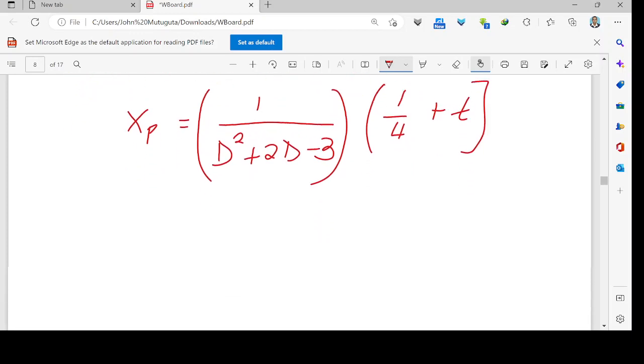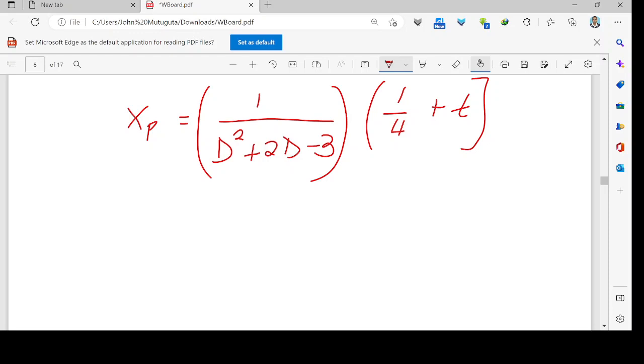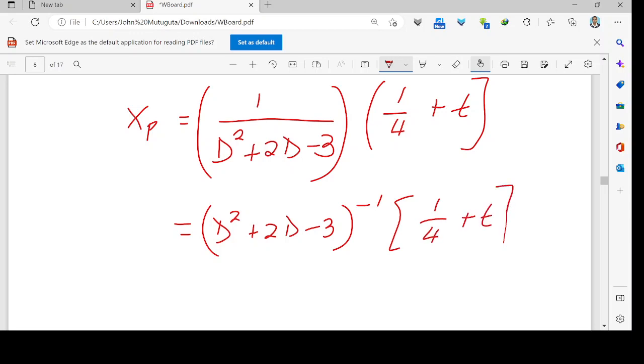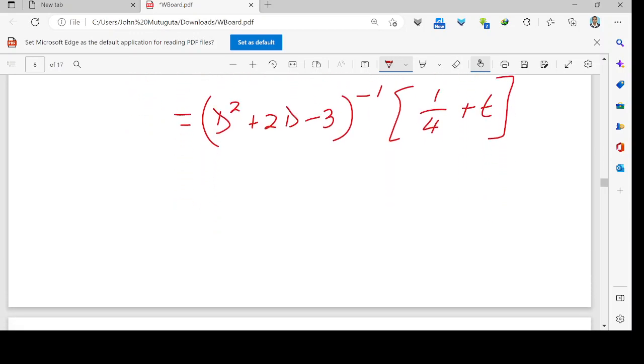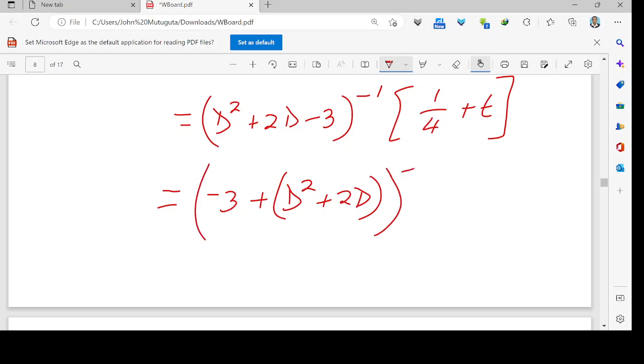Now, here we can make use of binomial theorem. We just need to write this one as d squared plus 2d minus 3 raised to power negative 1, operating on 1 over 4 plus t. And then we can interchange the terms here. So we start with minus 3, then we have plus d squared plus 2d, the whole of this raised to power negative 1 and operating on 1 over 4 plus t.